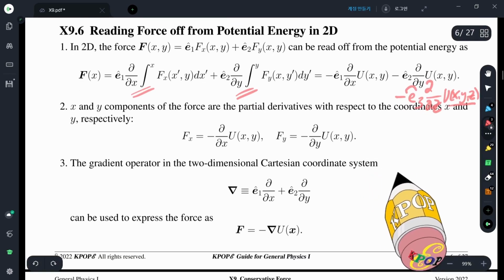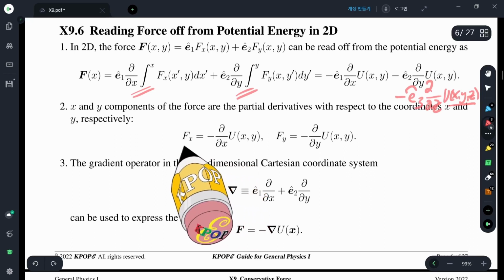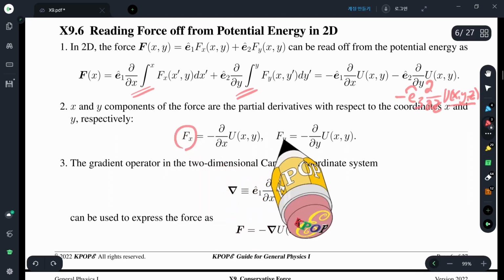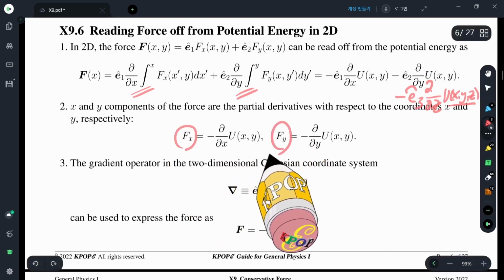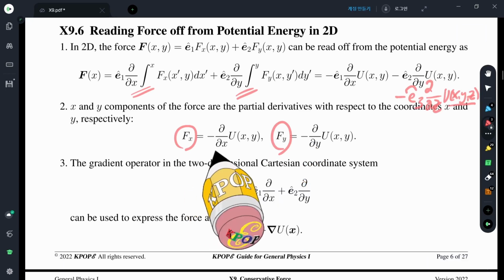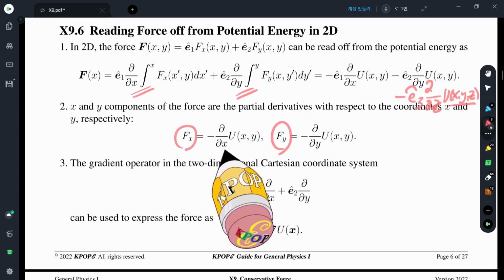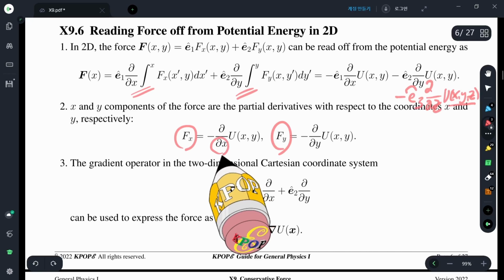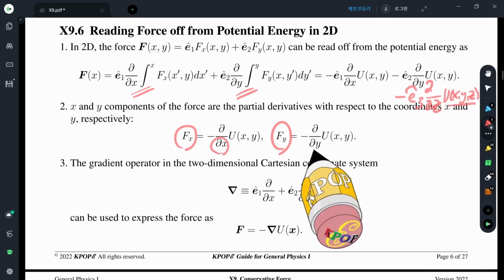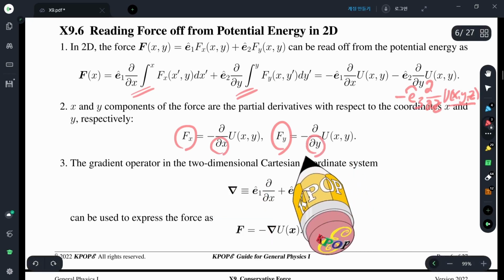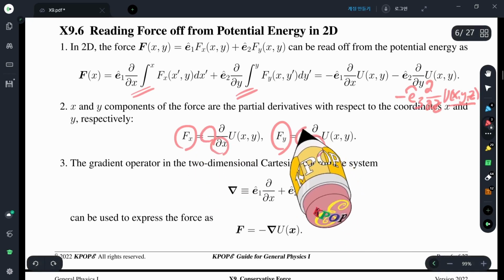Here, the x component of the force and the y component of force are the partial derivative with respect to x and the partial derivative with respect to y, with the negative sign put on it.